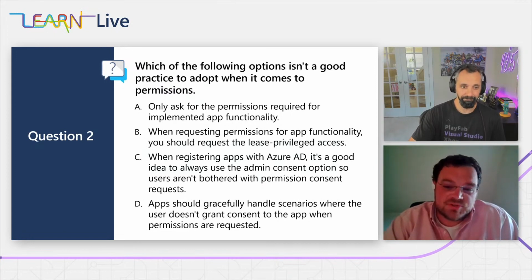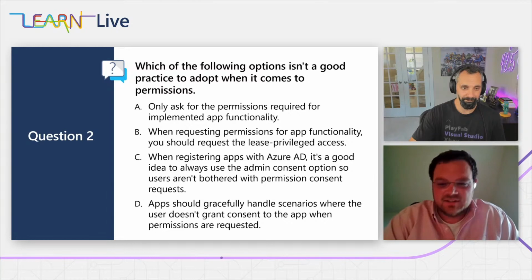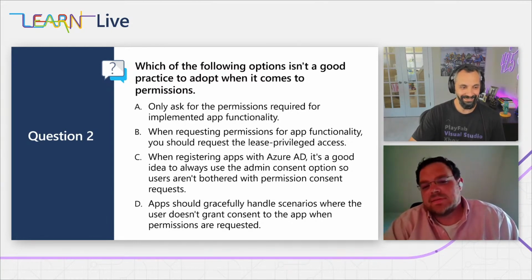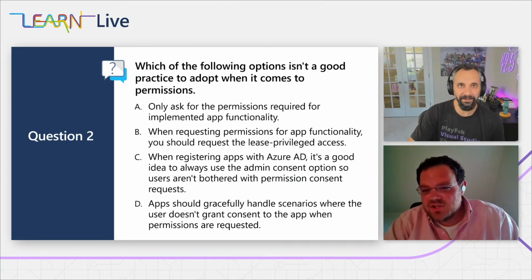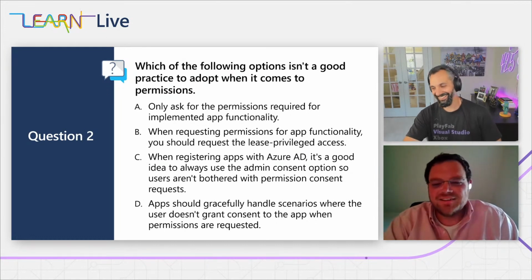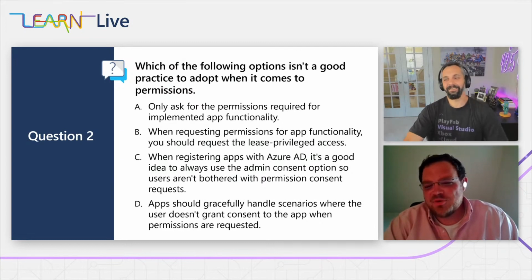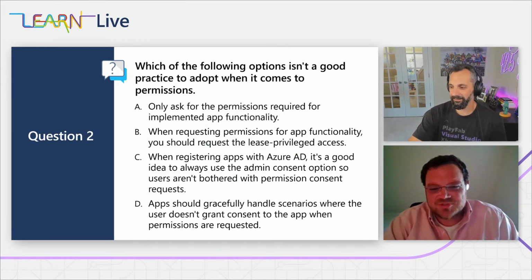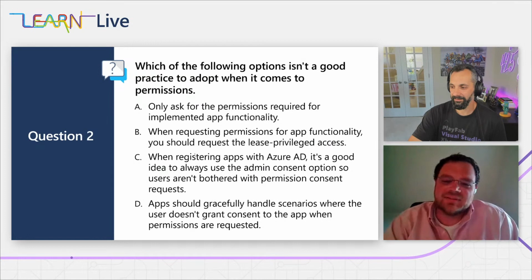B, when requesting permissions for app functionality, you should request the least privileged access. C, when registering apps with Azure AD, it's a good idea to always use the admin consent option so users aren't bothered with the permission consent requests. D, apps should gracefully handle scenarios where the user doesn't grant consent to the app when permissions are requested.